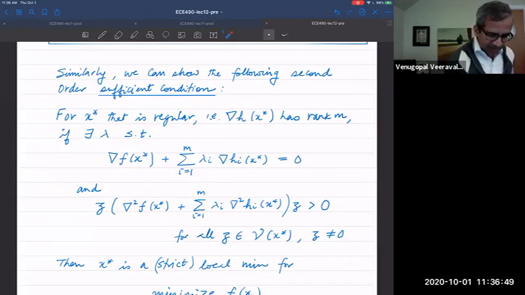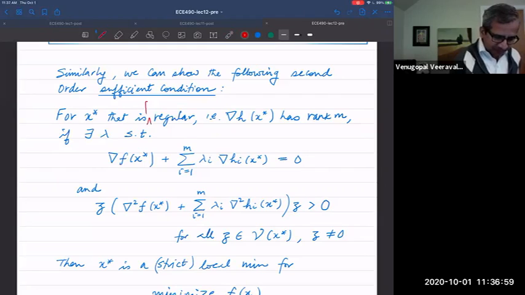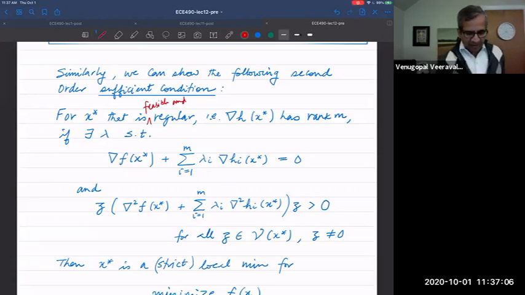I should probably mention that as well. We only care about things that are feasible, for which h of x star is 0. So suppose x star is feasible and regular, that is, that this matrix has rank m.